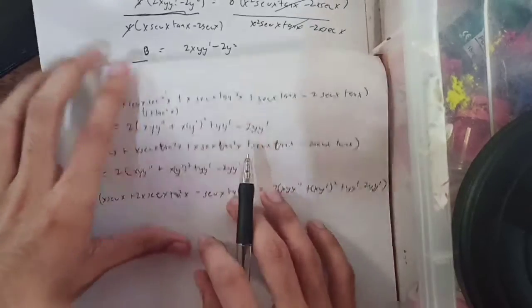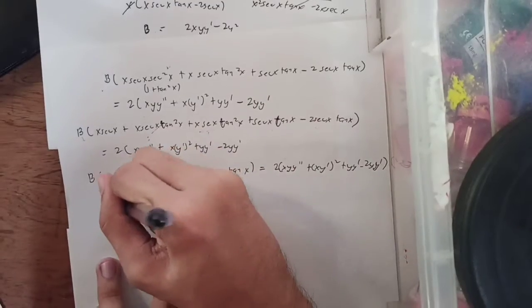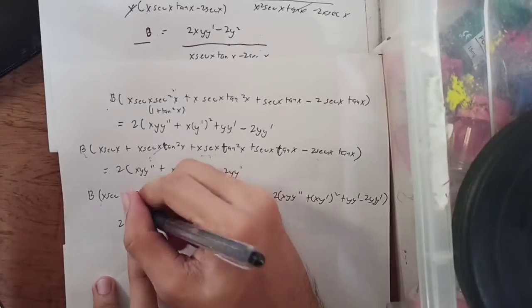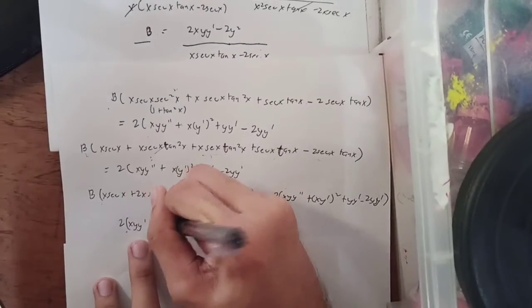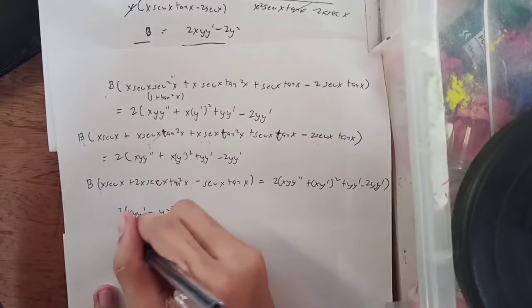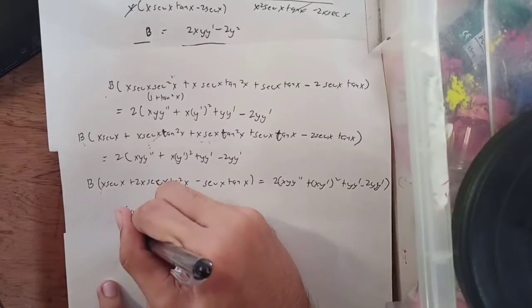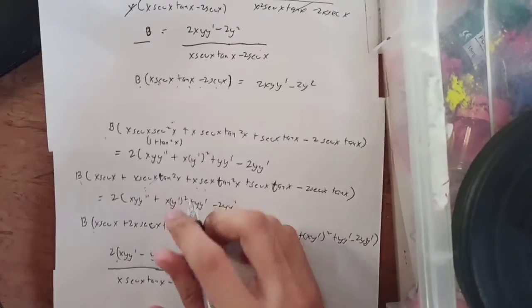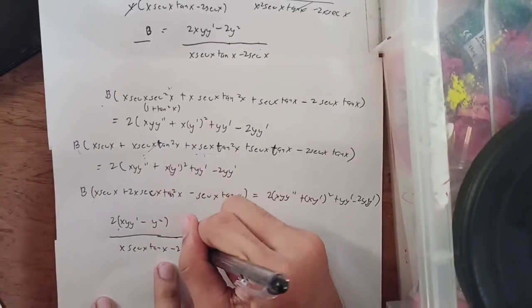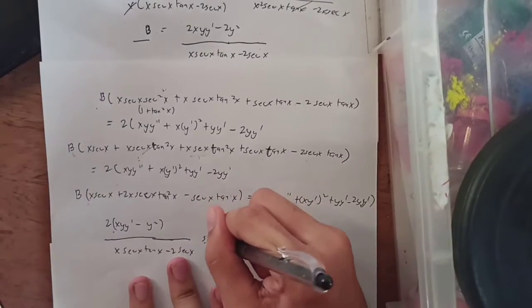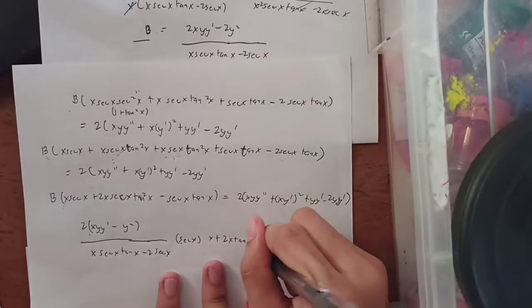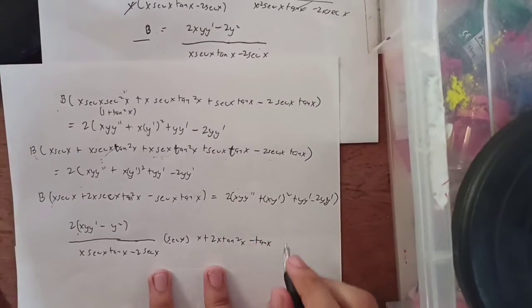So we can substitute it to have 2xyy prime, and factor it out. xyy prime minus y squared over x secant x tangent x minus 2 secant x. So we have secant x quantity x plus 2x tangent squared x minus tangent x.